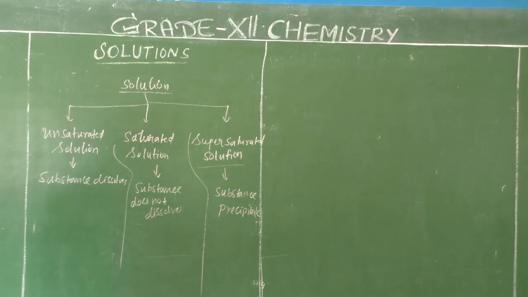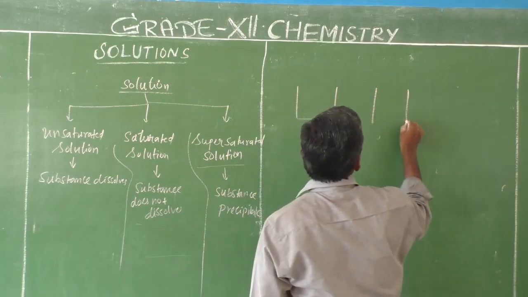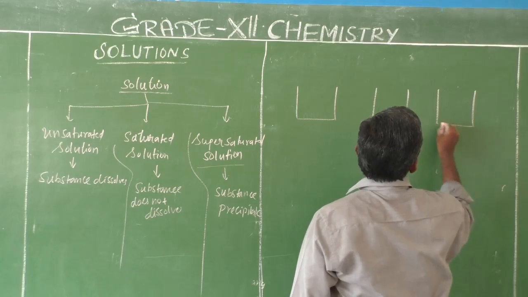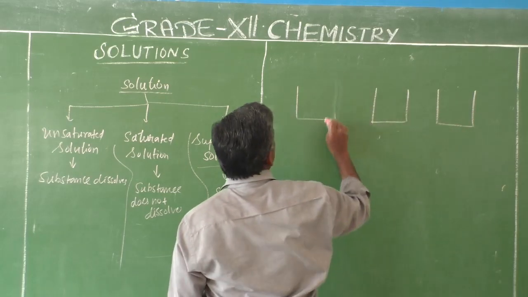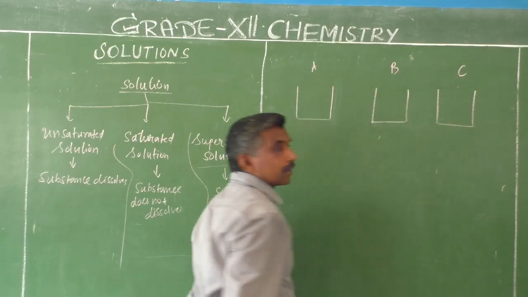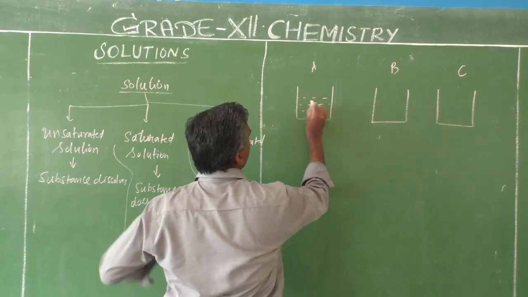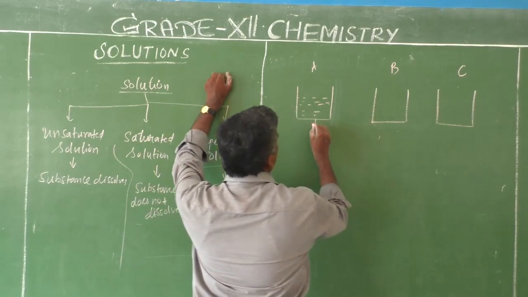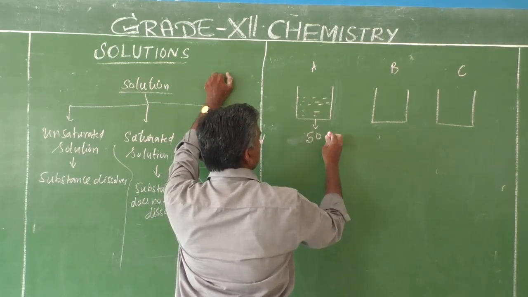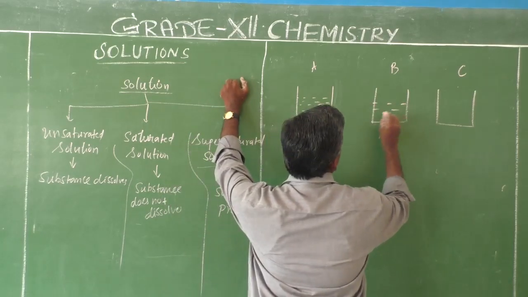Now you take 3 beakers: beaker A, beaker B, and beaker C. Now you fill them with water, 50 ml water in each beaker.